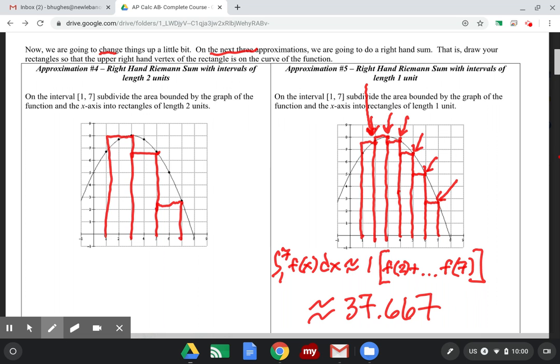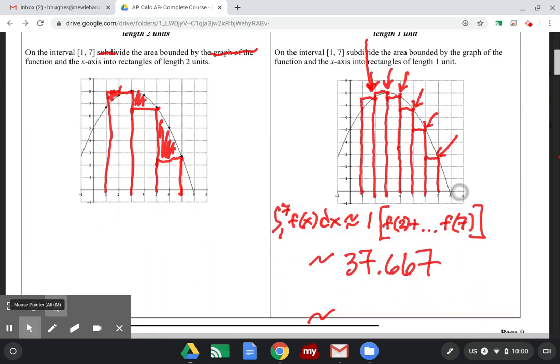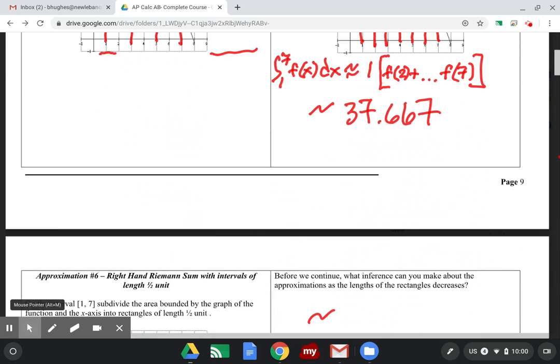If we look at this one, it just happens to be the right-hand Riemann sum. It's probably going to be under what the actual value is, because this area right in here is way larger than that area that's over. So the half would be probably getting closer to the actual value here on the next page. Let's get that. There we go.